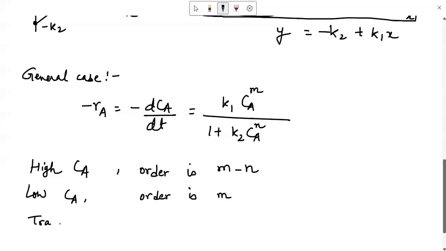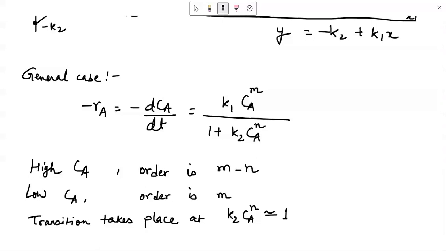The transition takes place at K2 Ca to the power n being equivalent to 1. This is where the transition in order takes place. Now you can use this general expression to fit your kinetic data.